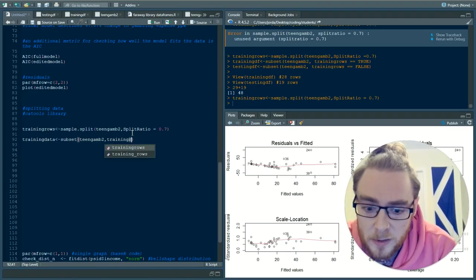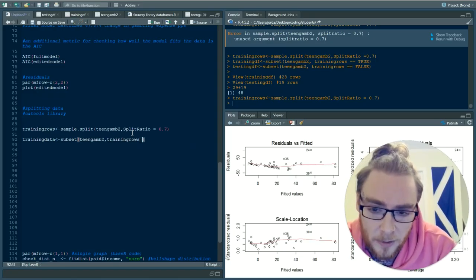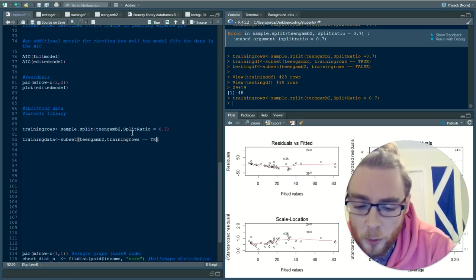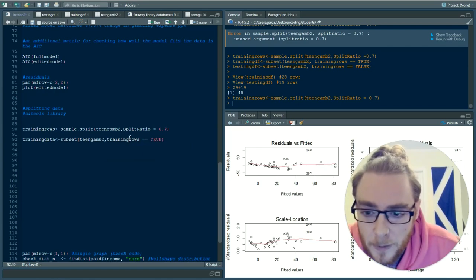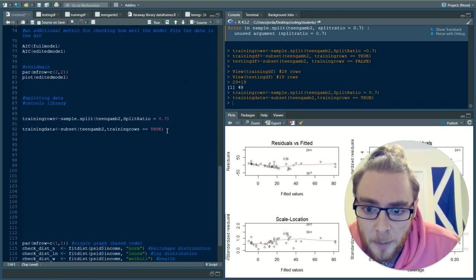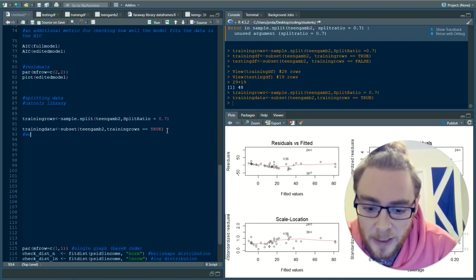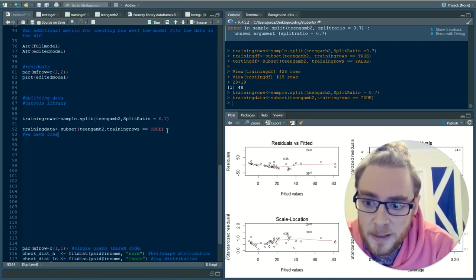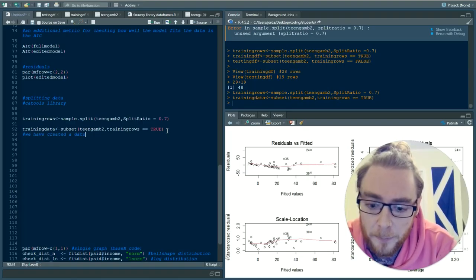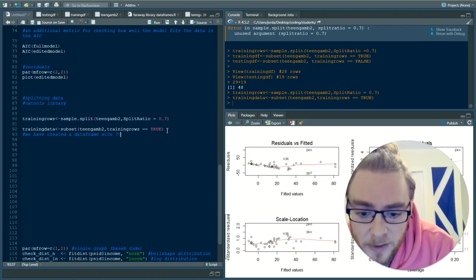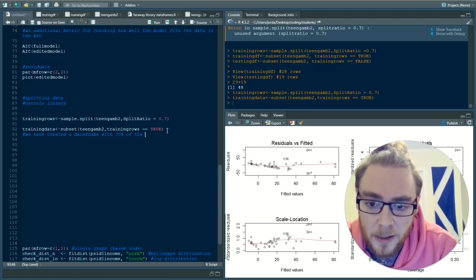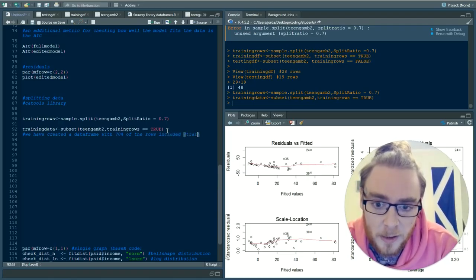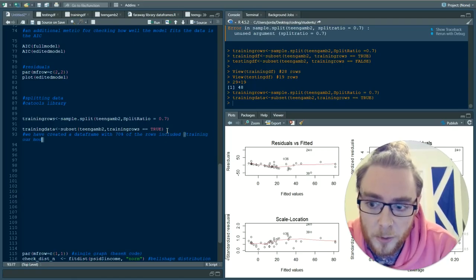Training rows, so that vector equals true. What we've done there is create a data frame with 70% of the rows included, and this is going to be training our model.